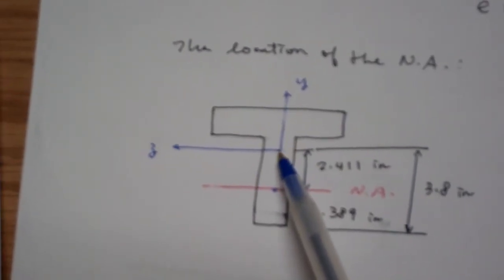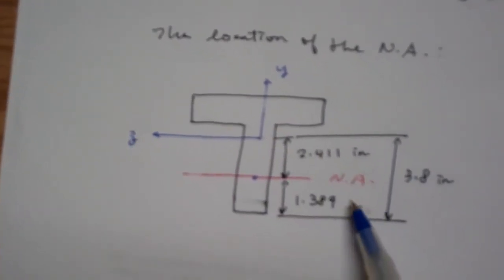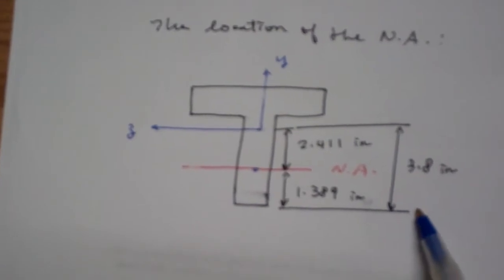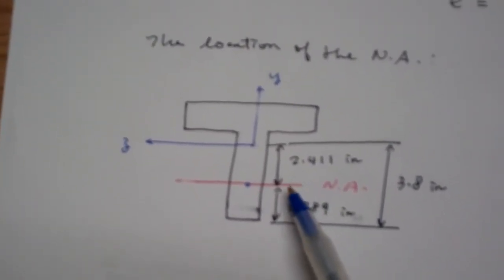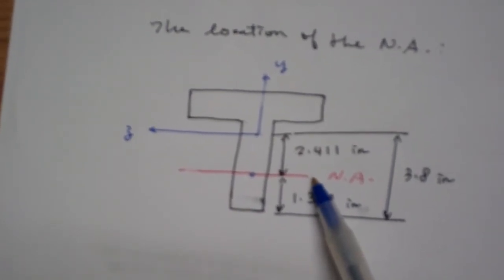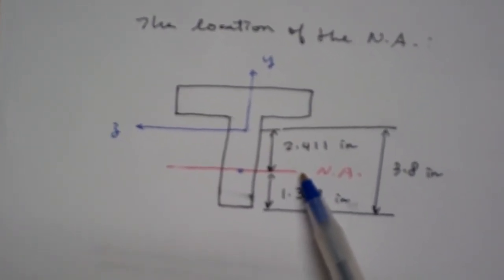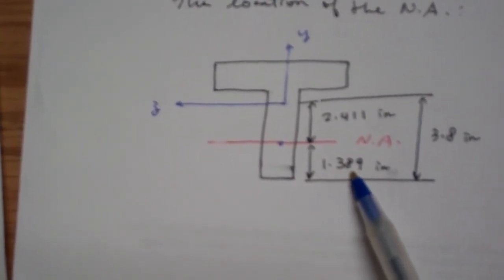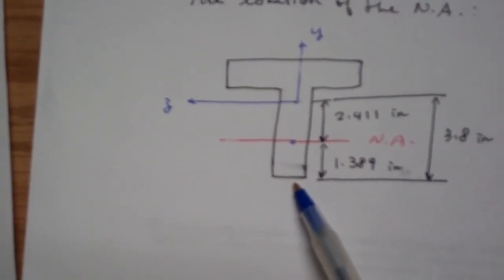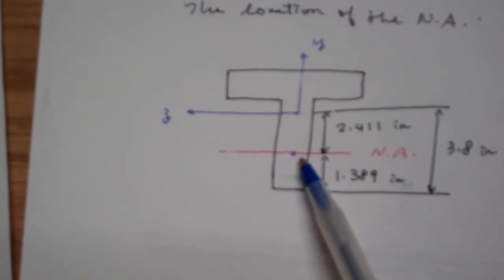We put the origin of the coordinate system at the position 3.8, and then we calculated E here. So the neutral axis for this eccentric loading condition is 1.389 measured from the bottom side above.